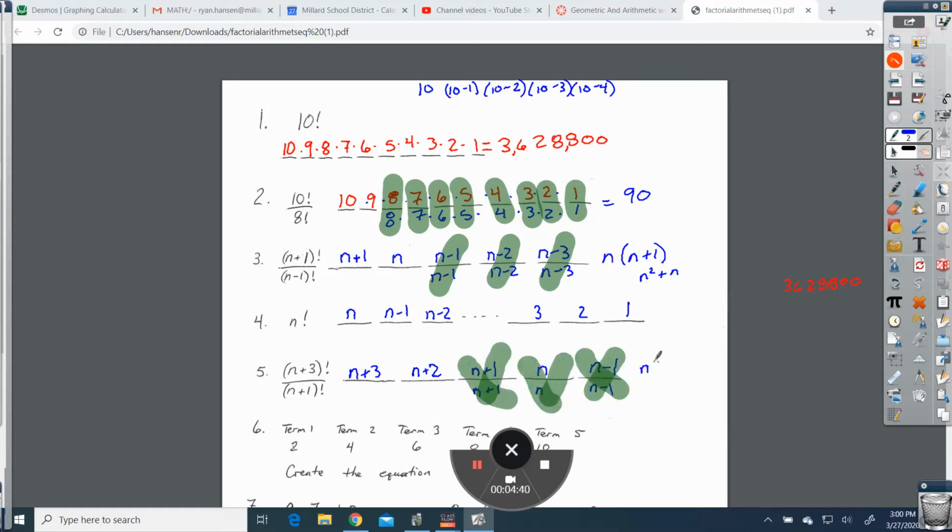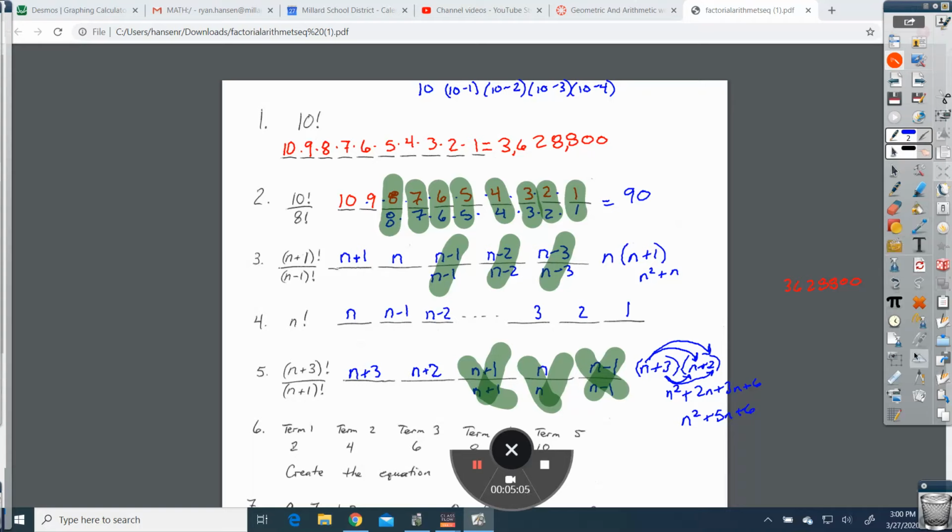And we're left with n plus 3 times n plus 2, which would be n squared plus 2n plus 3n plus 6, or n squared plus 5n plus 6. So I just did this distributive stuff, n times n, n times 2, 3 times n, 3 times 2, okay?